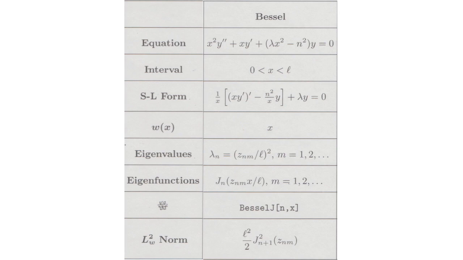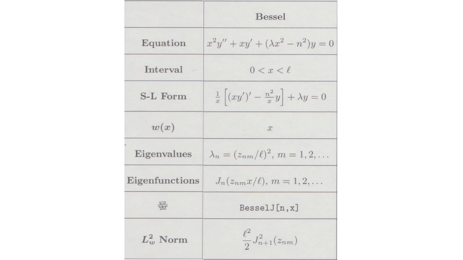Next are the eigenvalues and eigenfunctions. The eigenvalues are given in terms of the zeros of the Bessel functions, z sub nm. Z sub nm is the mth zero of j sub n of x.